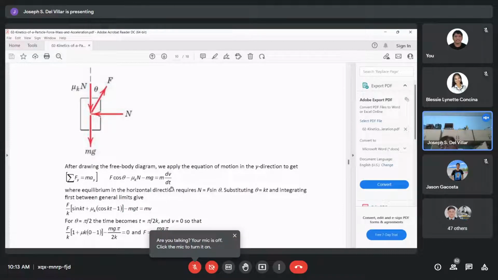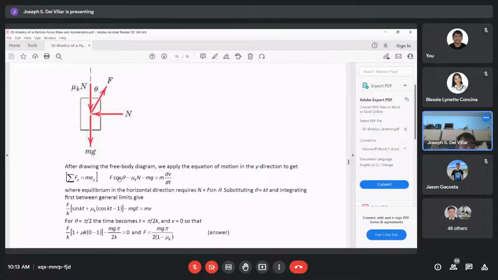Substitute muna yung in place of theta, magiging kt. Then, integrate between limits. Okay? Ito bang cosine, integral ng cosine is what? Sine, di ba?